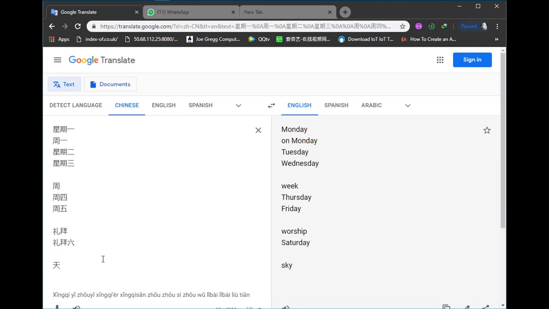We said Tian the first time. What does Tian mean? A day, right? Yes, it's a day. So we can say Xing Qi. I want to start with Li Bai, okay? Li Bai Tian.